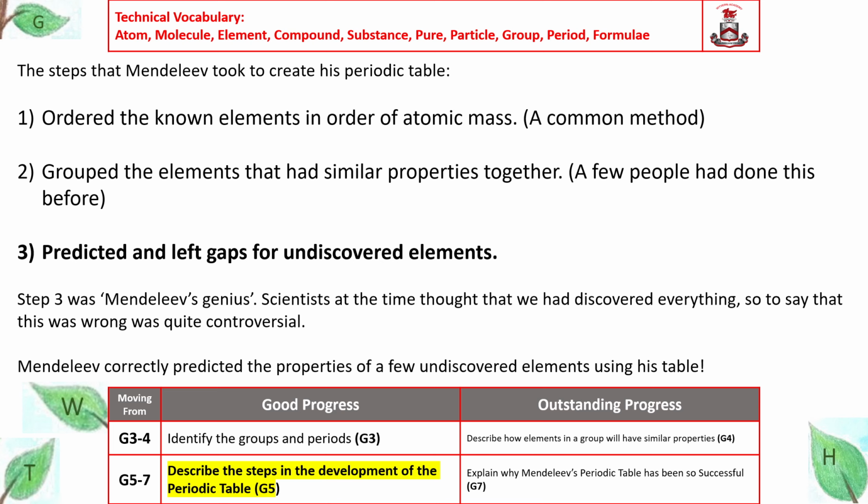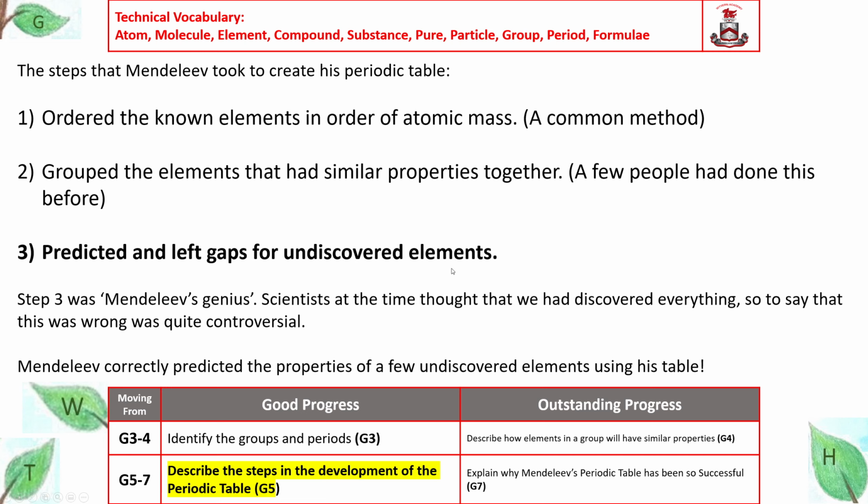So after you've watched that video, you will know this, but essentially he ordered the elements in order of atomic mass, which is what everyone else did. He grouped them with similar properties together. A few people had done this before, but the one in bold is what he did differently, and what people call his genius. He predicted and left gaps for undiscovered elements.